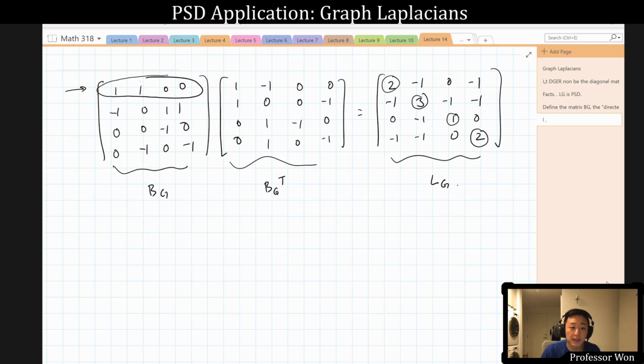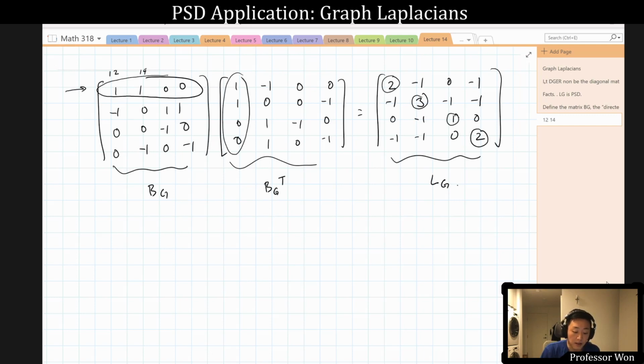Each row tells you something about the connections of that node, and that row tells you all of the edges that node is going to be incident to. So this one said that it was incident to 1, 2. This one said that it was incident to 1, 4. Now, the columns of BG transpose are exactly the same thing as the rows of BG.